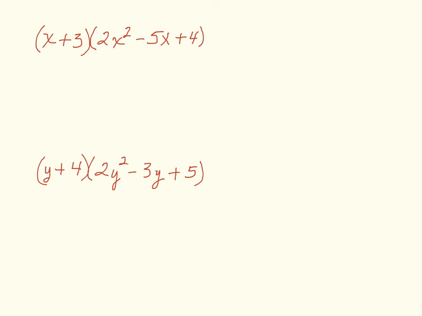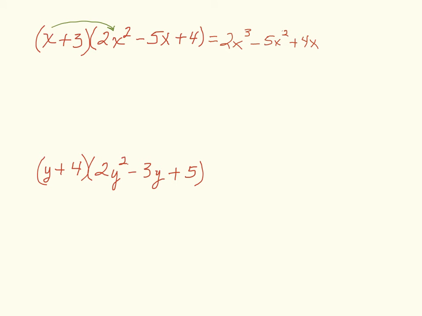Let's talk it out. x times 2x squared is what? 2x to the third. x times negative 5x is negative 5x squared. x times 4 is 4x.